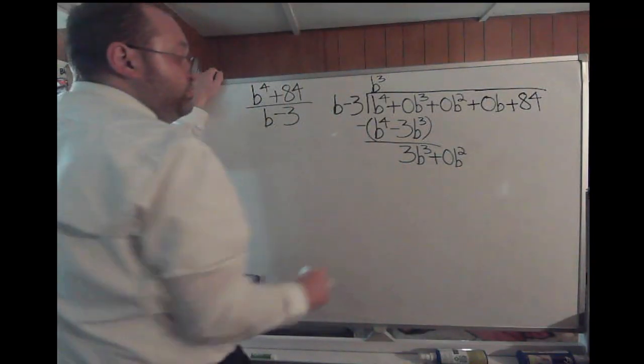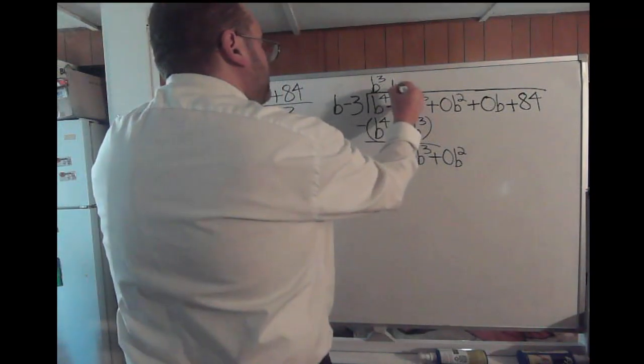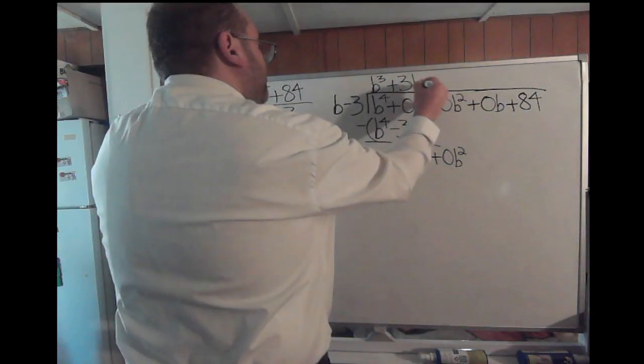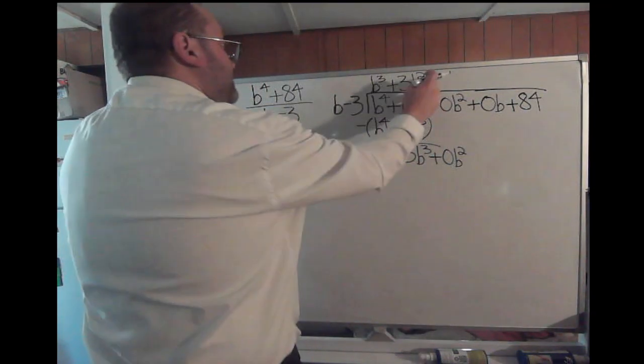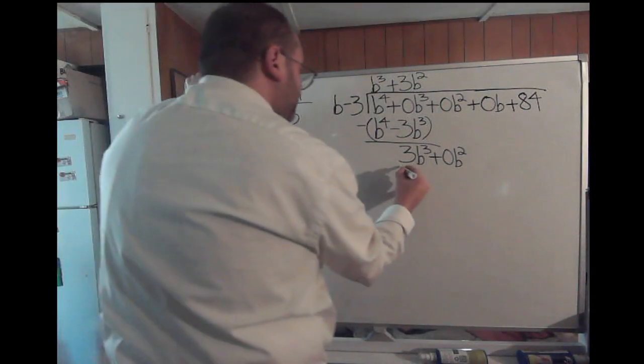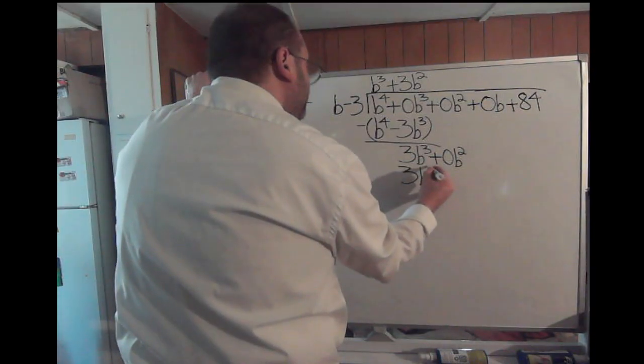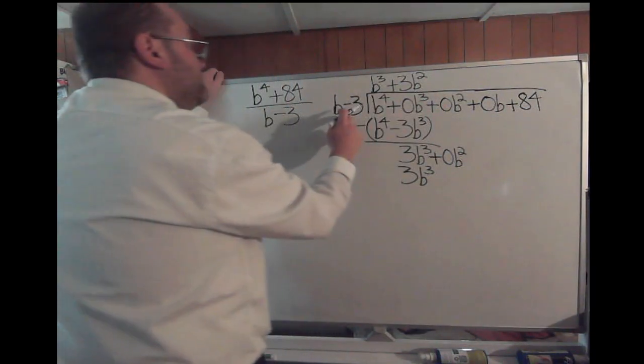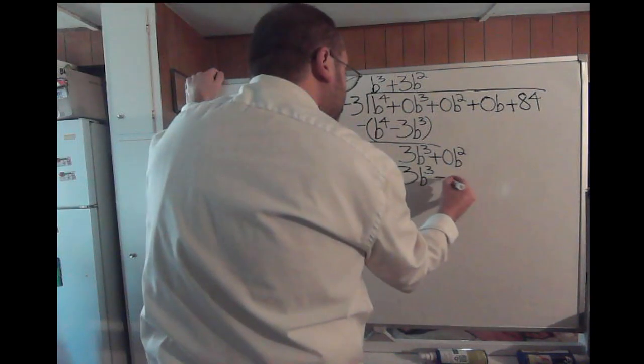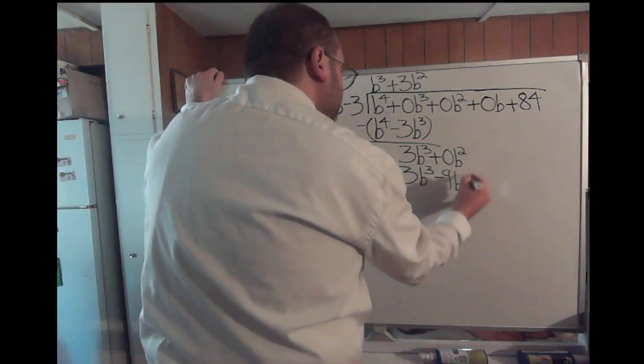B times what equals 3b to the third? That'd be 3b to the second. So 3b to the second times b, that's 3b to the third. And then 3b to the second times negative 3, that's negative 9b to the second.